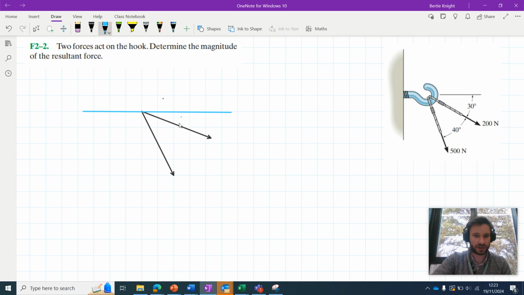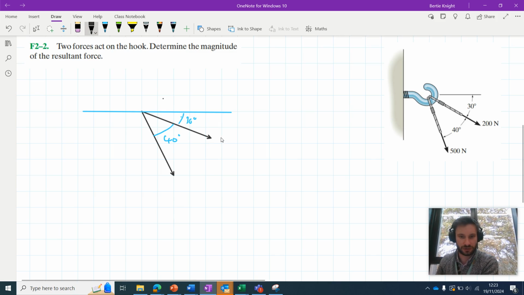We can add in these angles here. So this 30-degree angle and this 40-degree angle here. Okay, let's just add these magnitudes as well. We've got 200 newtons here, and you've got this 500 Newton force here.